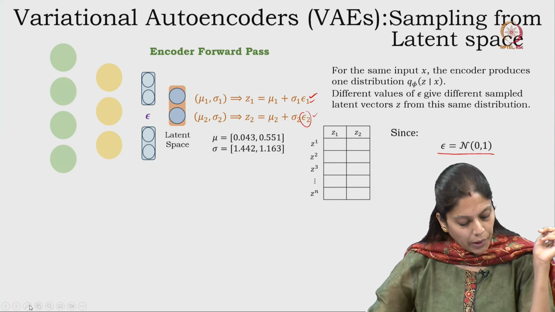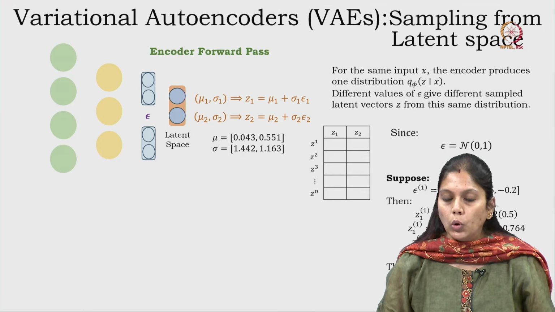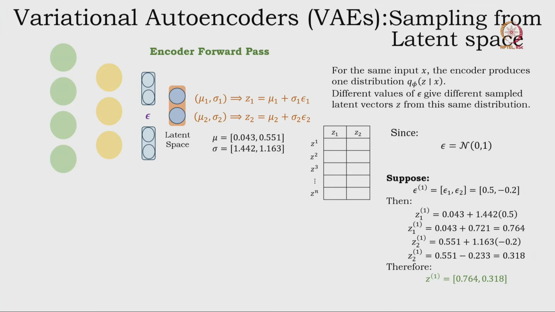So what you will do? Randomly you will sample and take 2 values. So those 2 values are these. One is 0.5 and the second is minus 0.2. Why did we take these values? Because you want to calculate z1 and z2. Ultimately you should get this z, but this has 2 features, so it is z1 and z2.